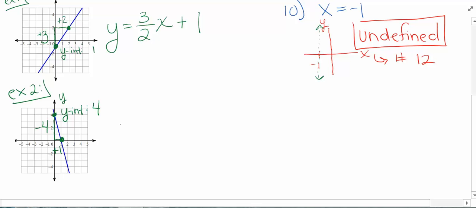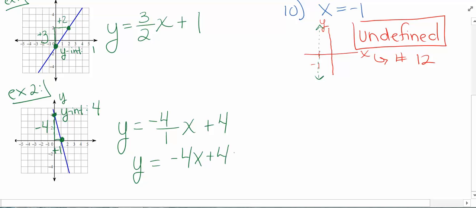Okay, so our equation would be y equals negative 4 over 1x, that's our slope, the steepness of our line, plus our y-intercept, which is 4. And usually we simplify negative 4 over 1 to negative 4. Okay, but in this case, again, you're just looking for the number next to x.